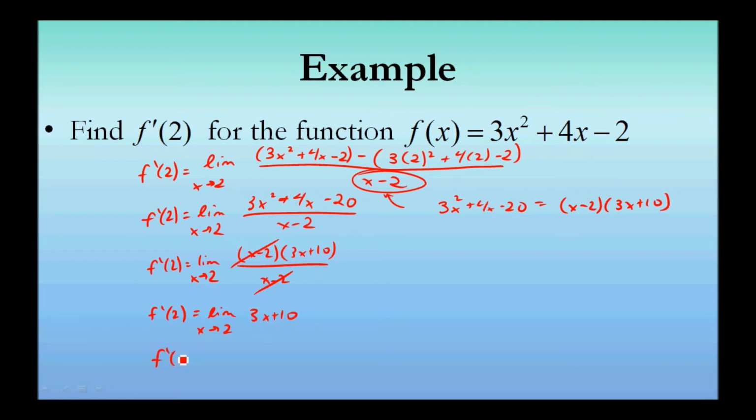So f prime of 2 is equal to 3 times 2 plus 10. Therefore, f prime of 2 is equal to 16. So 16 is the instantaneous rate of change at x equals 2, and the slope of the tangent line at x equals 2 of the function f of x.